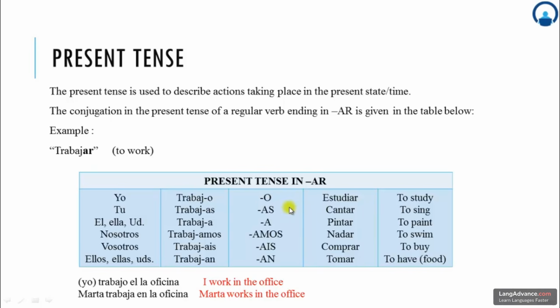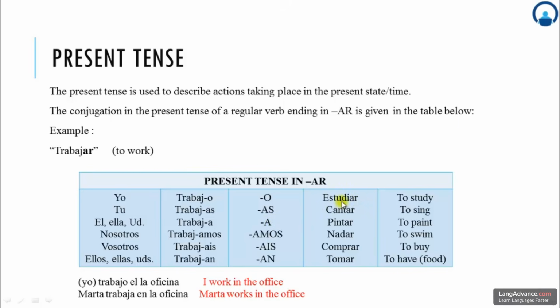We'll take it from the start again. For the verb estudiar, I remove the AR and write o in place of AR. Now it becomes estudio. I replace AR with as and now it becomes estudias. I remove AR and replace it with a.